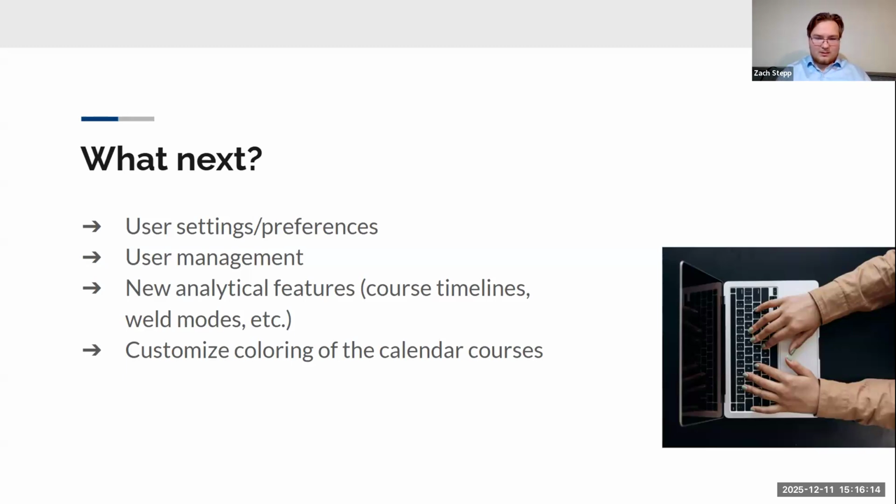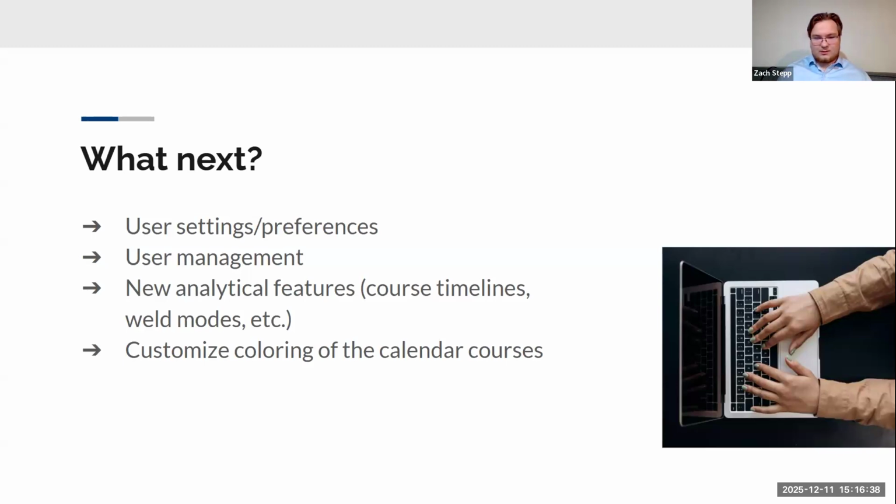Some user management, maybe similar to the starter app, where we can manage whether a user is just a user or an admin, or maybe something in between where they're an instructor so they could set their own schedules, but maybe not go as far as managing users. And maybe some new analytical features, something like progress over time of a course.